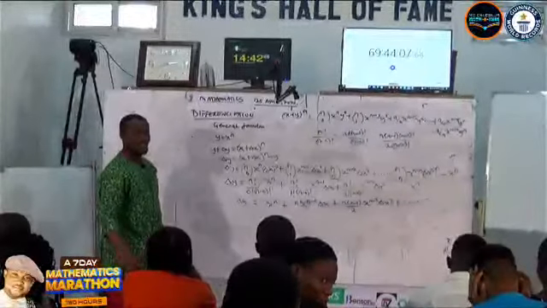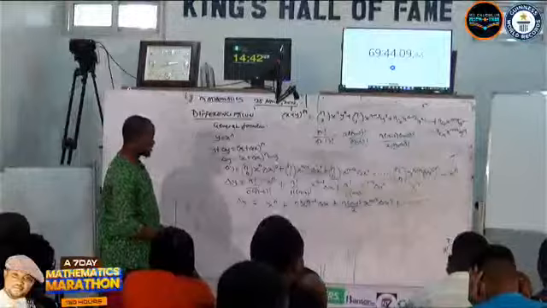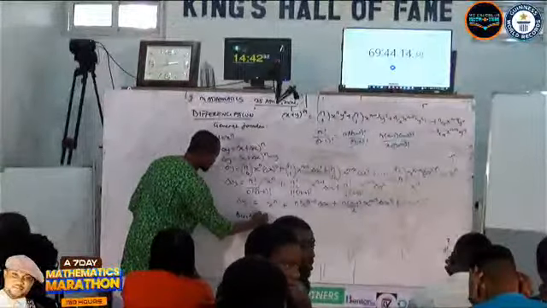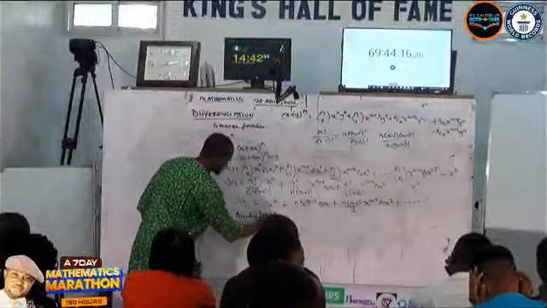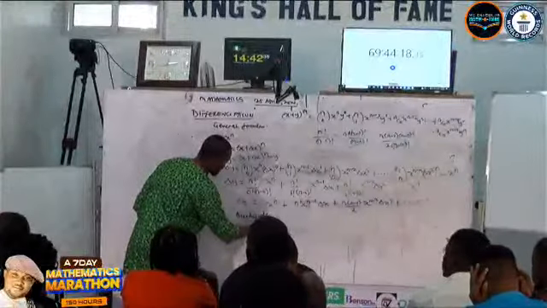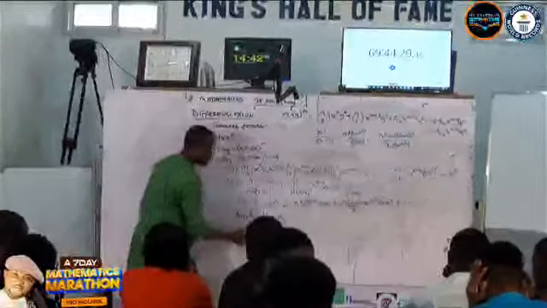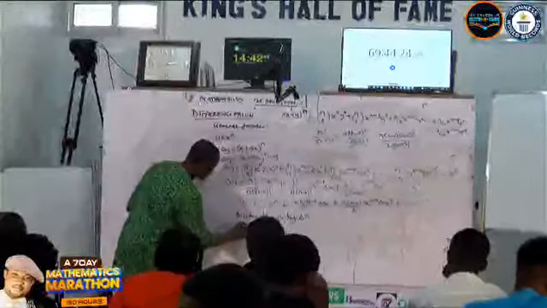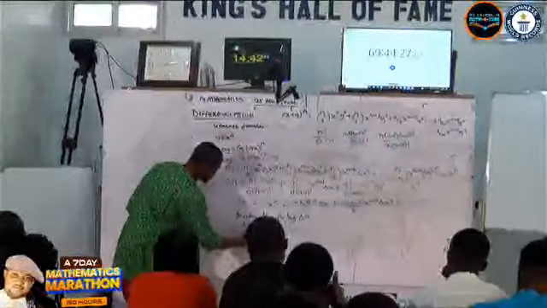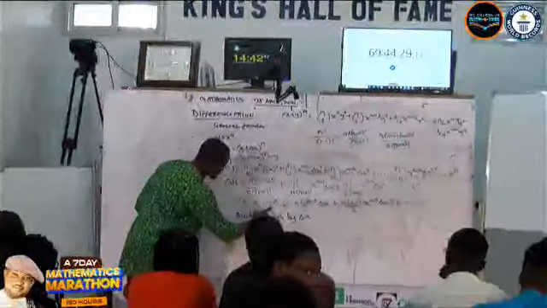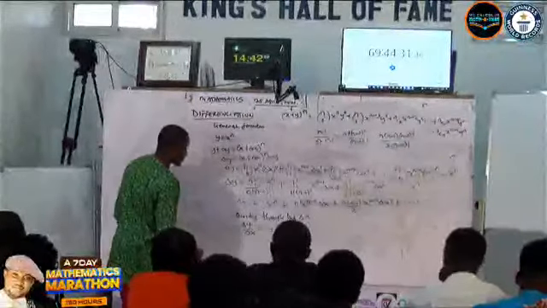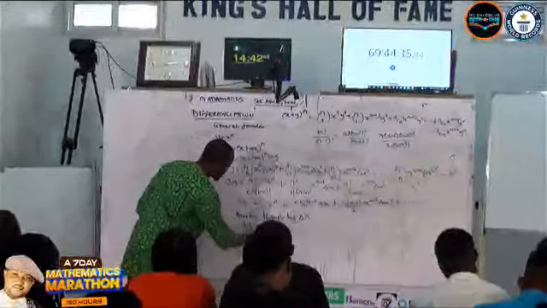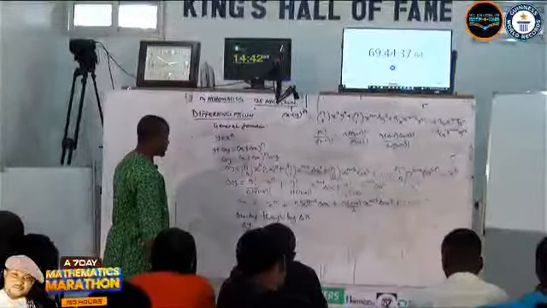Dividing through by changing x, changing y over changing x will now be what?